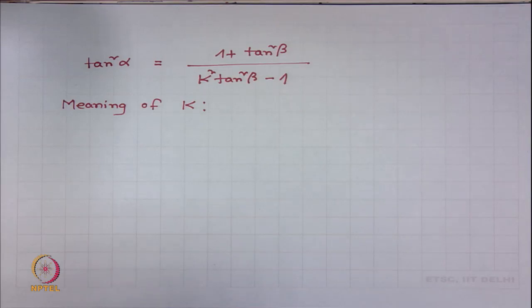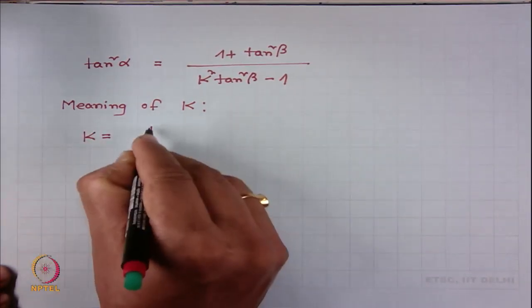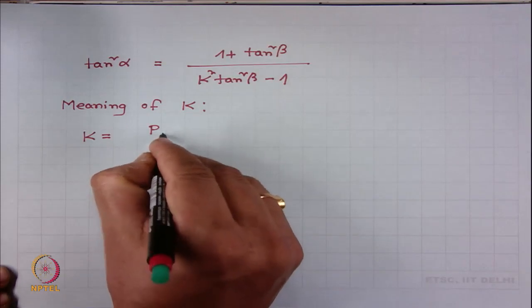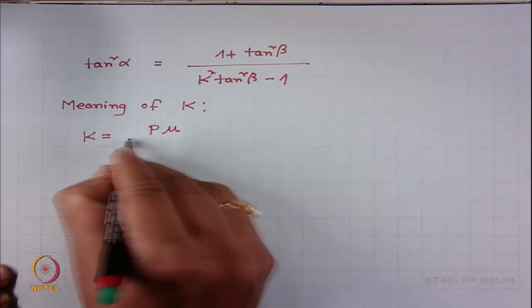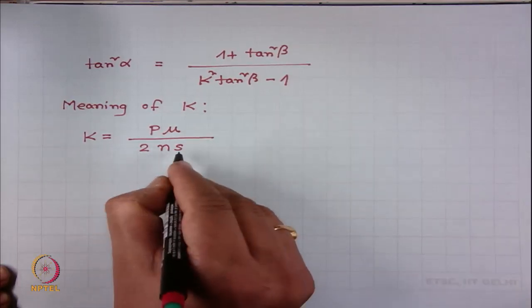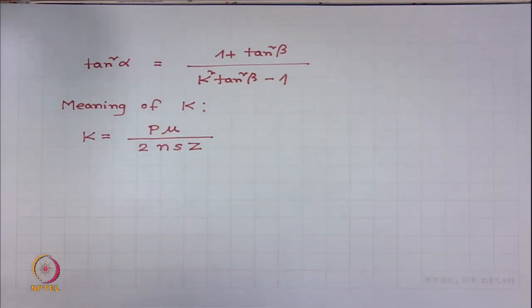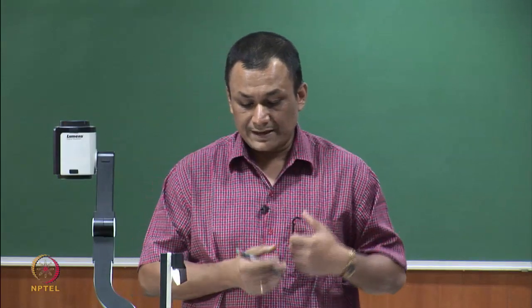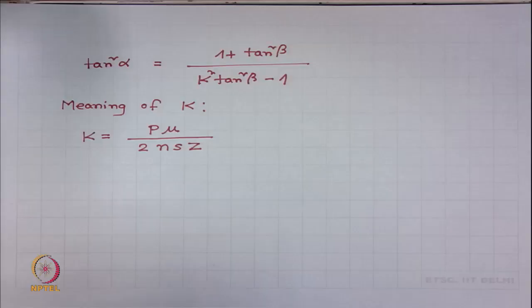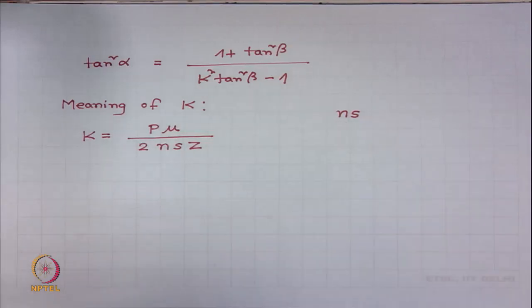We would like to know more about this K. K was equal to P, period of migration, multiplied by packing density, 2 times n, number of fibers in yarn cross section, S is the cross sectional area of a fiber, Z is twist which is constant. So, this was equal to K.